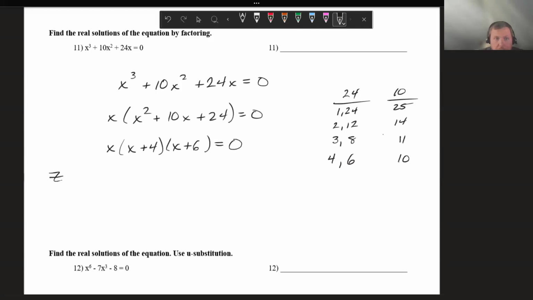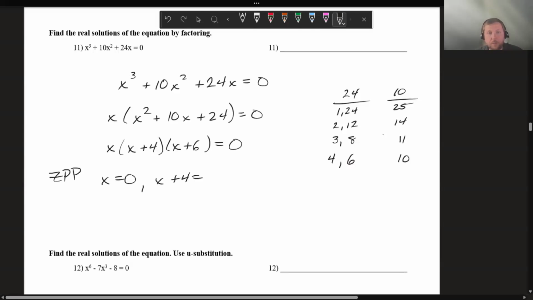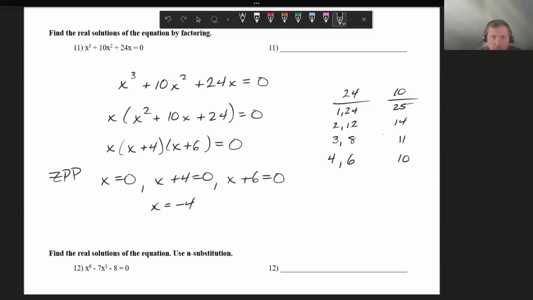Then the zero product property tells us that x is equal to 0, or x plus 4 is equal to 0, or x plus 6 is equal to 0. Then I can solve the second two equations, and now I have all of my solutions: negative 6, negative 4, and 0.